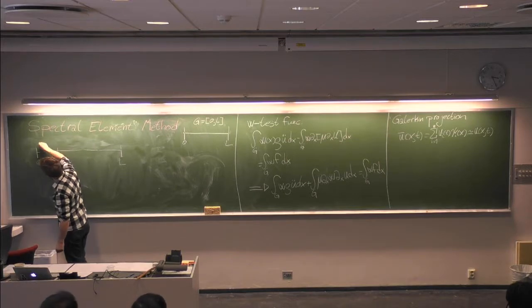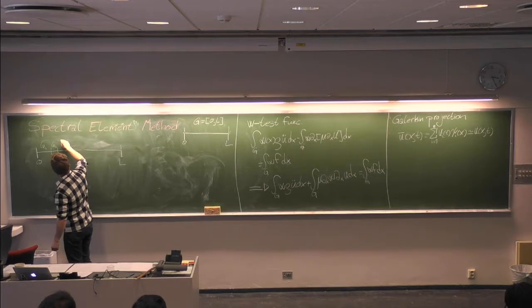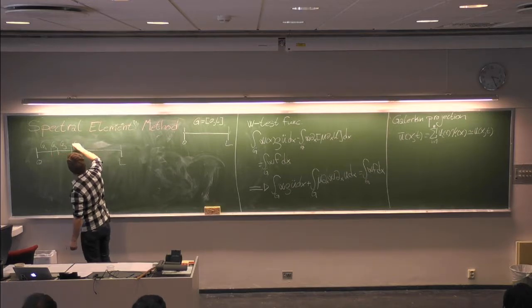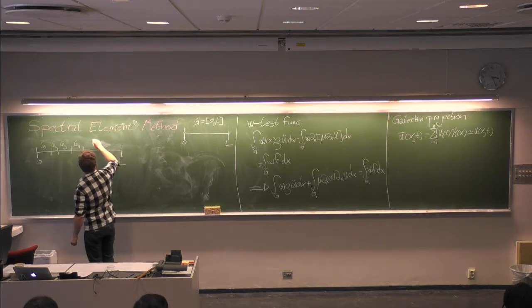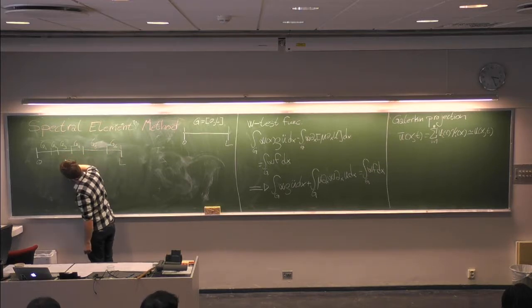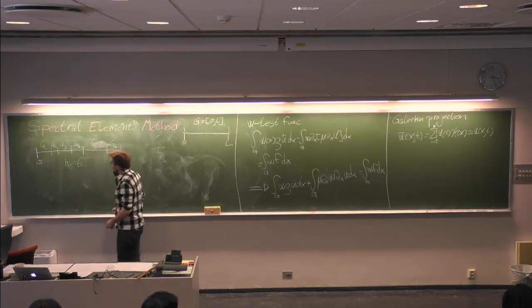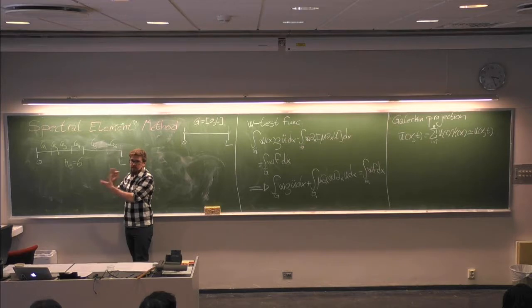So G1, G2, G3, G4, G5, and G6. So in this we have 6 elements, and they can be of a different size.